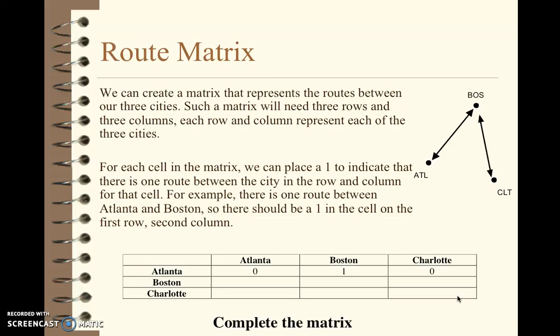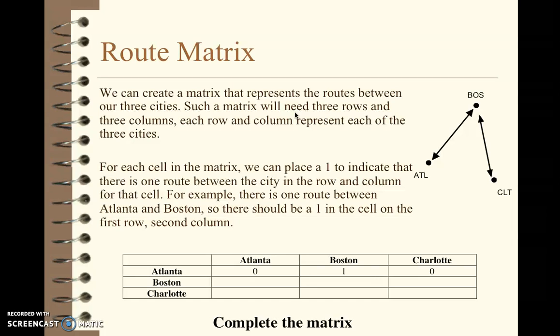So for example, if you have a look, there's 1 route between Atlanta and Boston. Okay, so we can go from Atlanta to Boston. That's 1 route. Okay, from Atlanta to Atlanta, there's nothing, and from Atlanta to Charlotte, there's no route there.